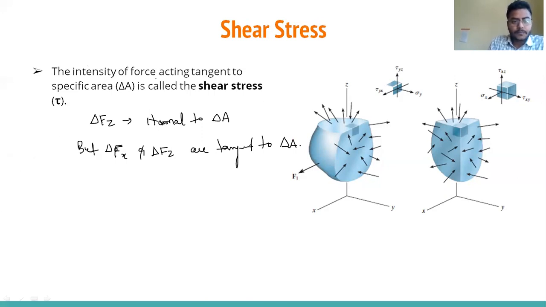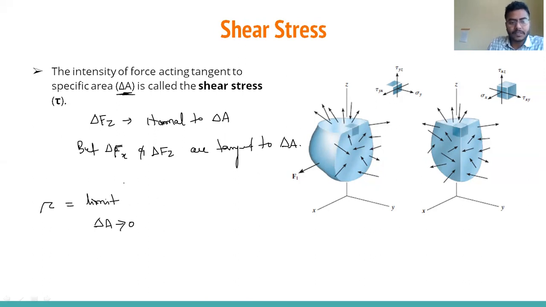So the intensity of force acting tangent to a specific area, a specific plane, delta A, is called shear stress. So what is the stress when delta A approaches 0? We define the limit as delta A goes to 0.